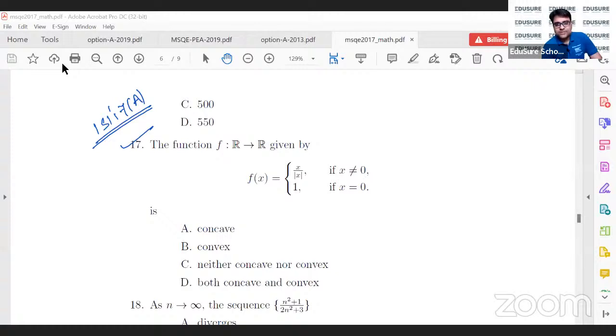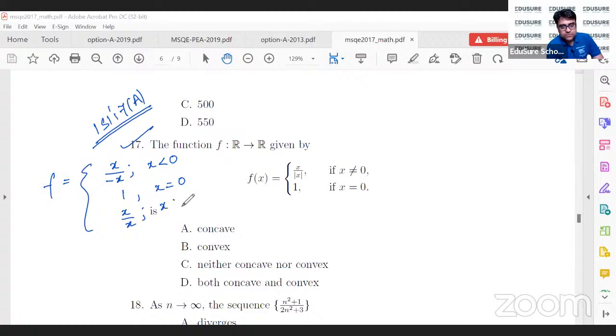So let's try and understand what its graph will look like. First, in convexity and concavity, the easiest way is if I am able to draw the graph. So f can be written as x divided by minus x when x is negative, this is 1 when x is equal to 0, and x by x when x is positive.